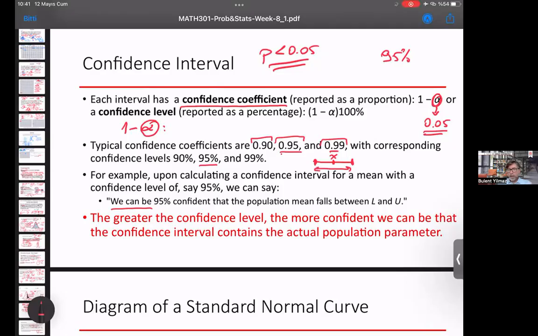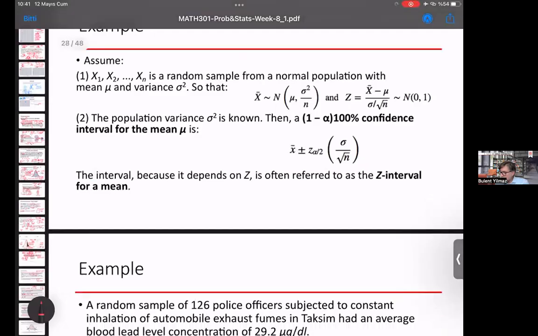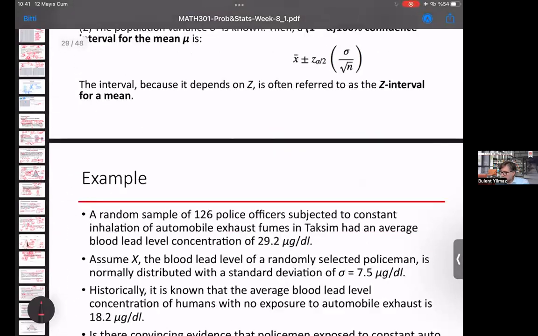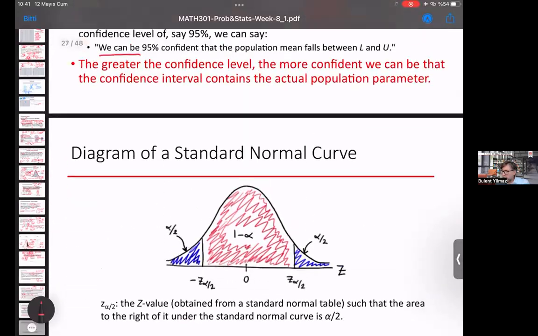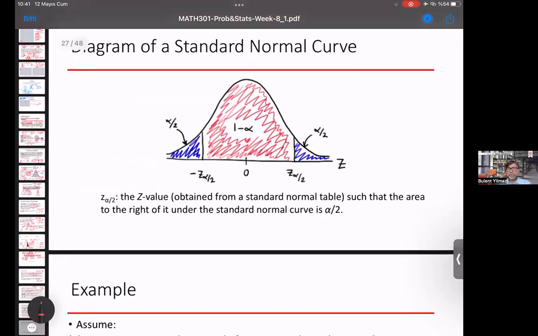I will write this later, maybe next time. The greater the confidence level, the more confident we can be that the confidence interval contains the actual population parameter.